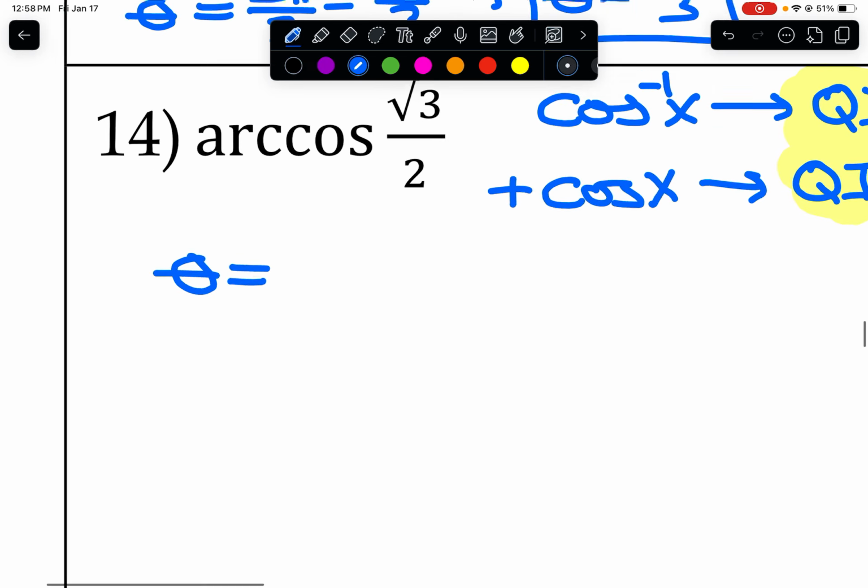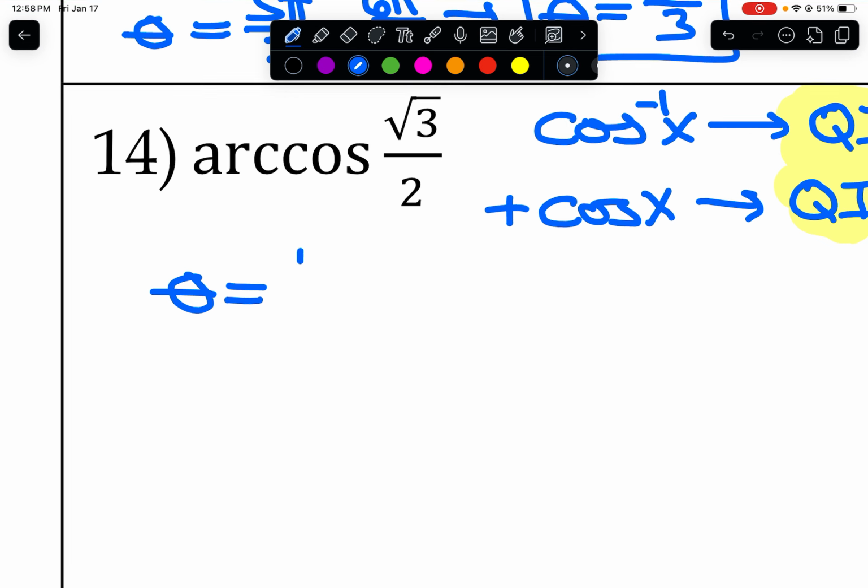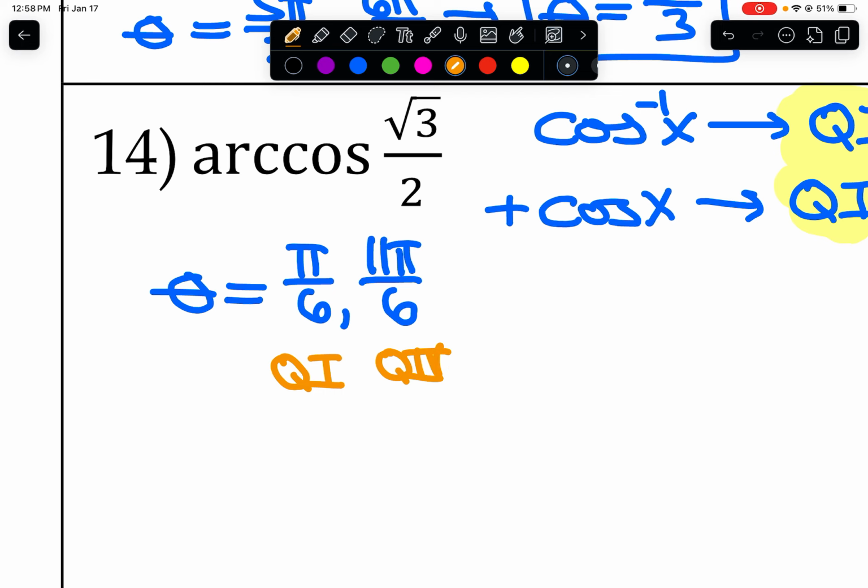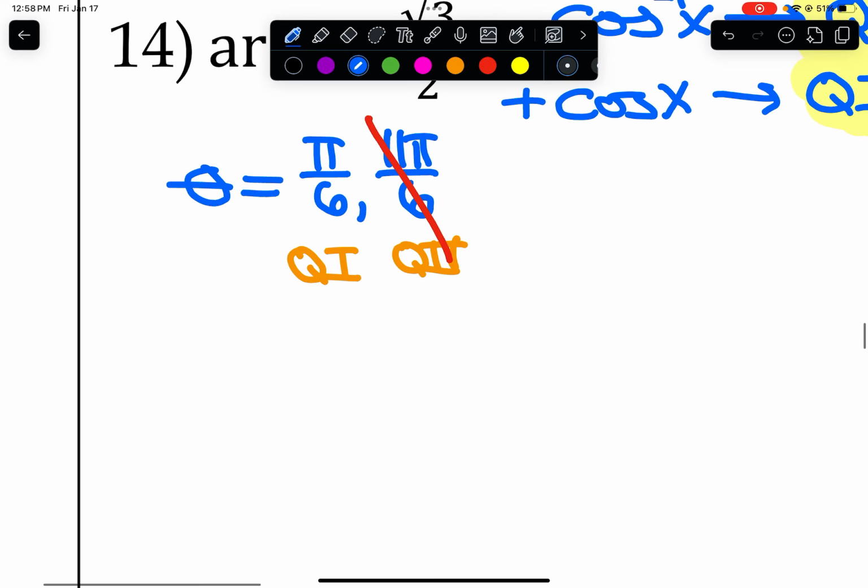So cosine is positive root 3 over 2 at pi over 6 and 11 pi over 6. Your pi over 6 is in quadrant 1. Your 11 pi over 6 is going to be quadrant 4. We only want quadrant 1, so disregard that. And we don't need to do any coterminal on this one.